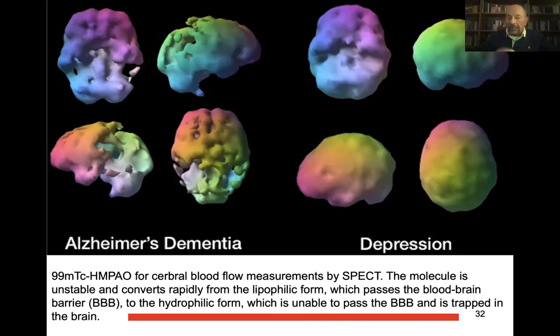And so this stays in the brain and gives you an image where you can associate the image to specific pathologic conditions like Alzheimer's disease or depression.